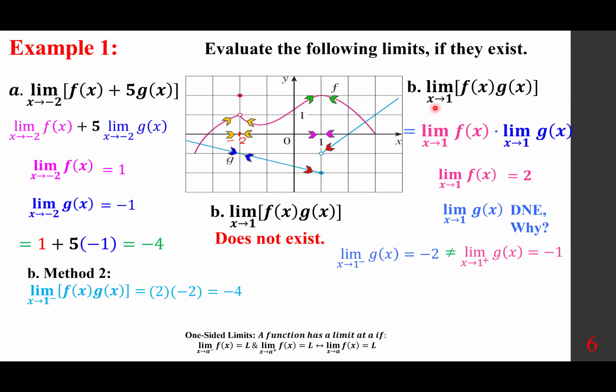Now go back to this one now from the right. So this was the limit as x approaches 1 from the left. Now 1 from the right, it doesn't matter for this function, left and right is the same, but for this function, the right is different. It's -1. The product of these two is -2, and they are not equal. So that's another way of approaching it.